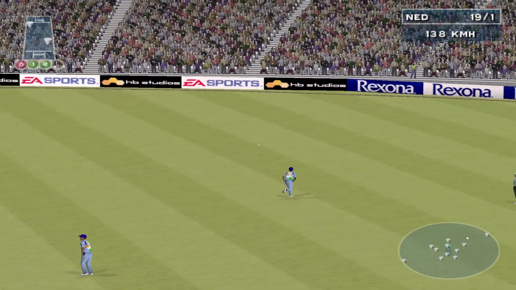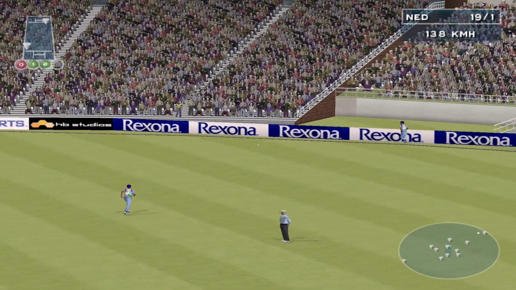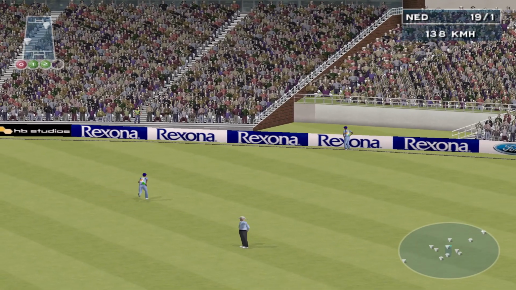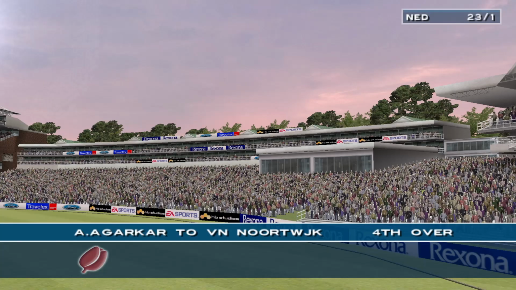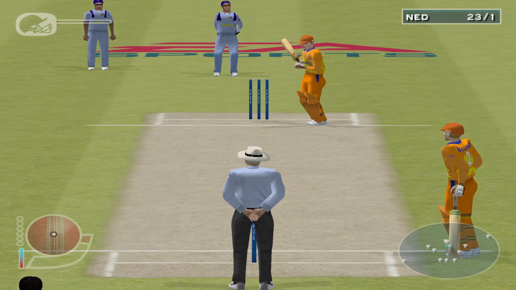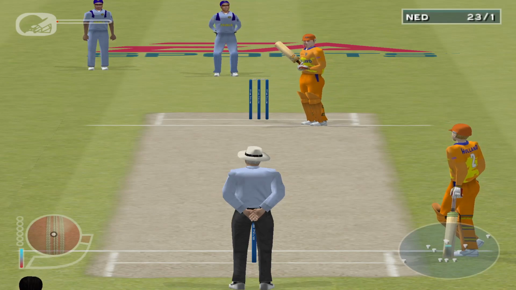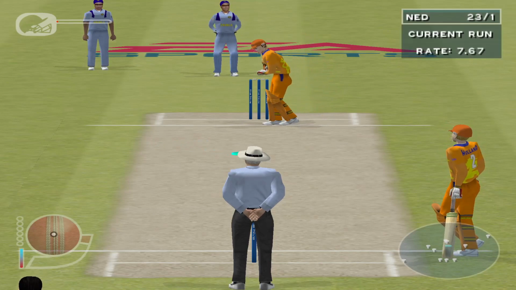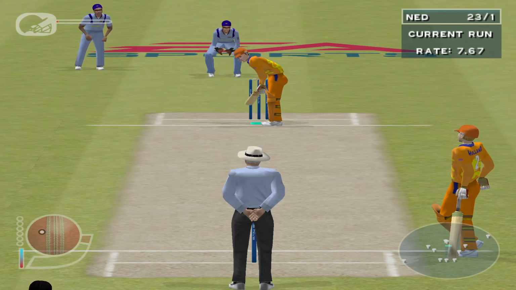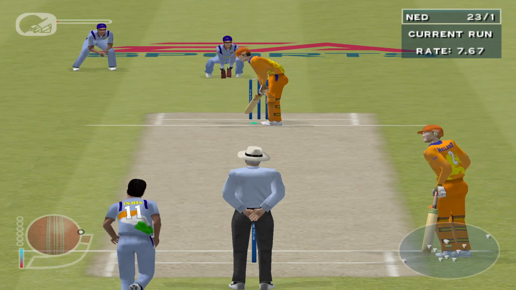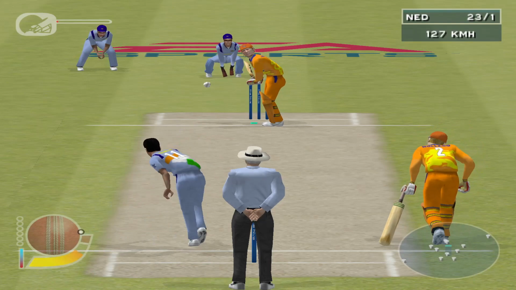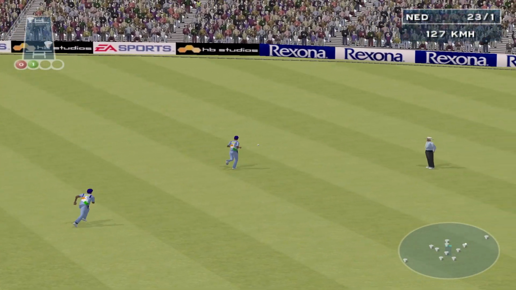Another 4 to Schifferli. Super shot by Schifferli. The bowler needs to avoid giving away boundaries, so he must keep it tight. 12 runs came from that over for Netherlands. Chucked off his legs.